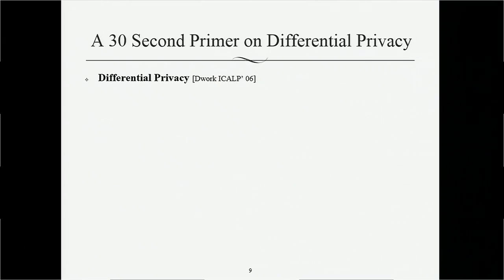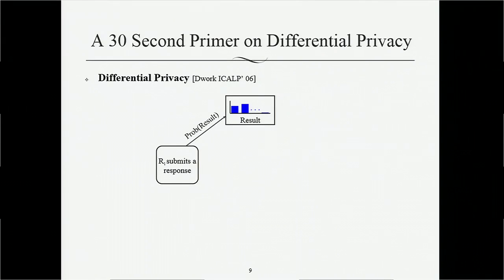So just a primer on differential privacy. The chance that this is the result in two worlds, where relay 1 submits the response or relay 1 does not submit the response, is similar. So this is the differential privacy guarantee. In both worlds, the probability of this being the result is similar.